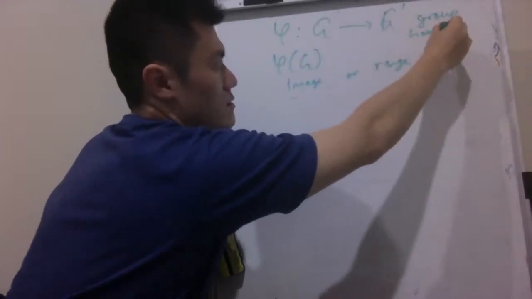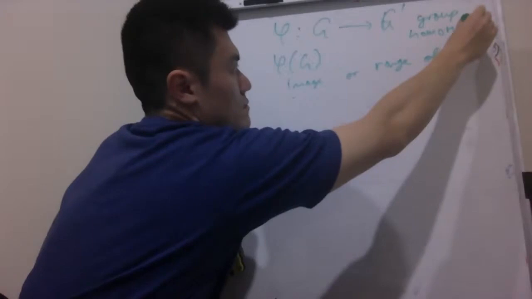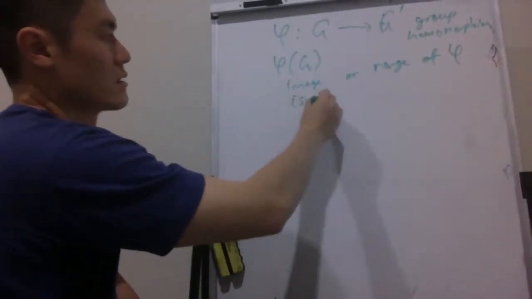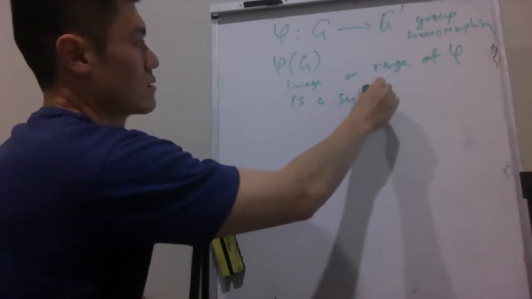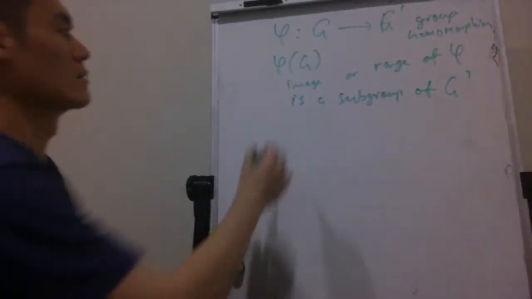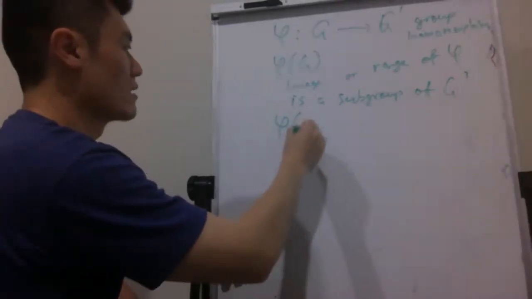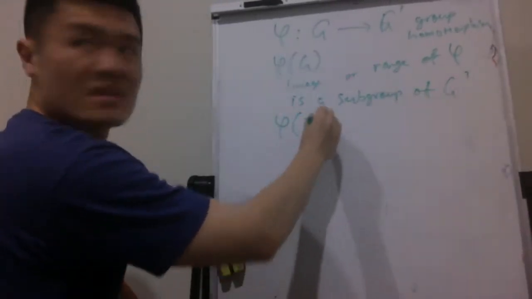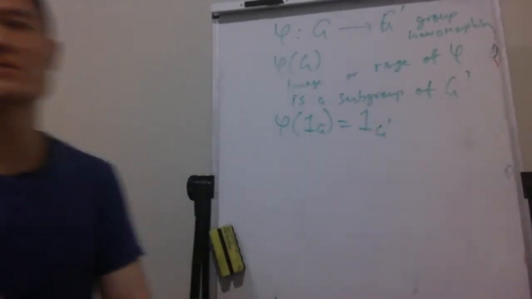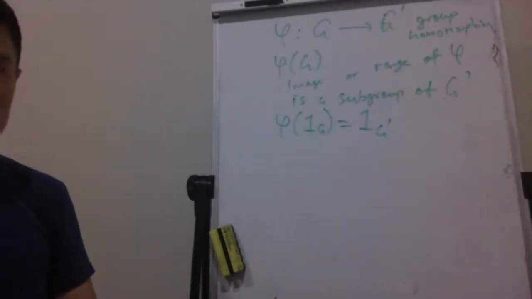It has the same condition. The image or range is a subgroup of G prime, and phi of 1_G is equal to 1_G prime.